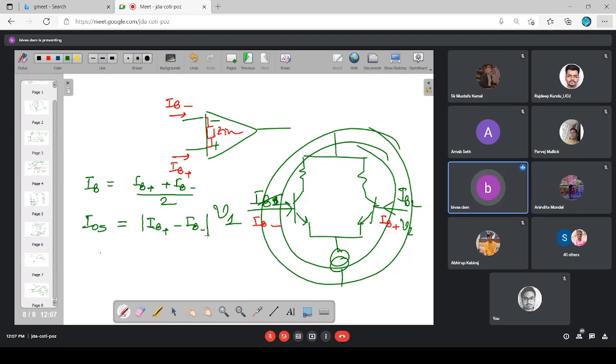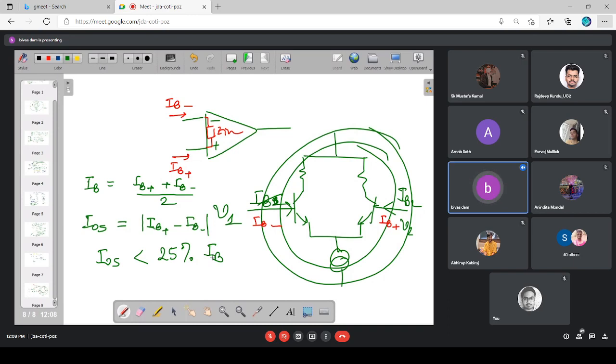Now, typically, it has been found that in all practical scenarios, this IOS remains less than 25% of IB in most of the situations.